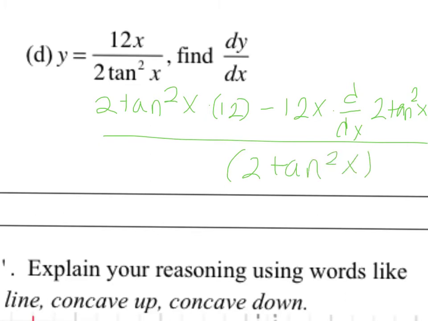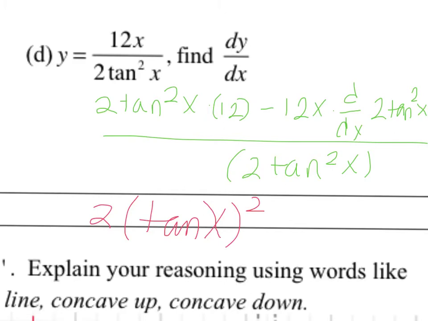This is going to force us to take the derivative of 2 tan squared of x. The way that we might think about this is 2 tan of x squared. And that lets us use an outside function that's a power rule and an inside function that's tangent.